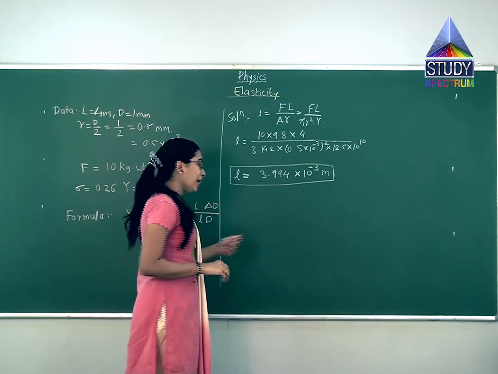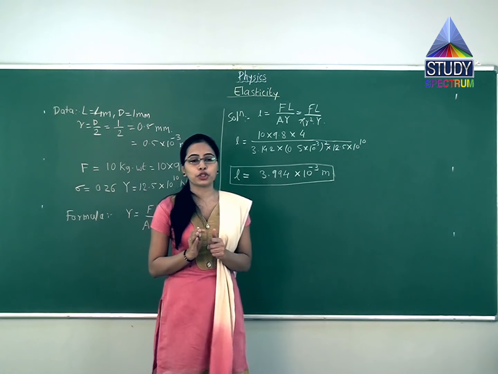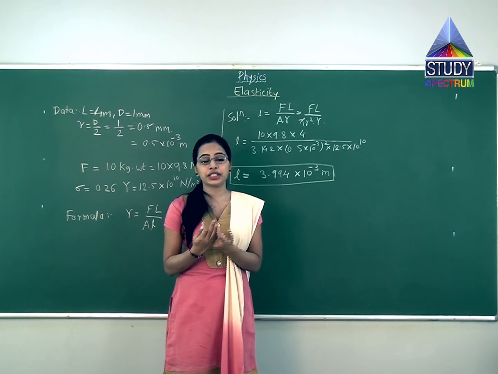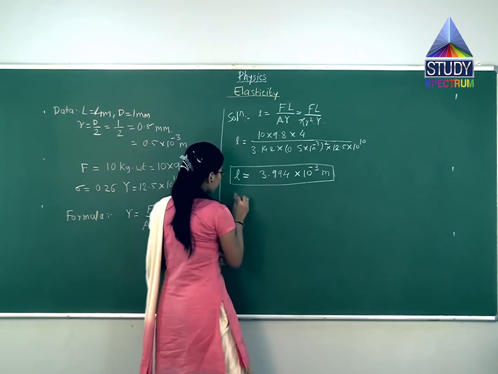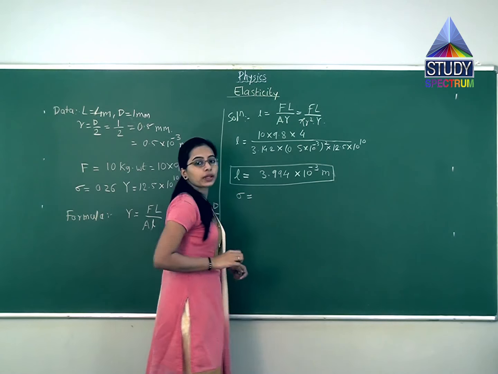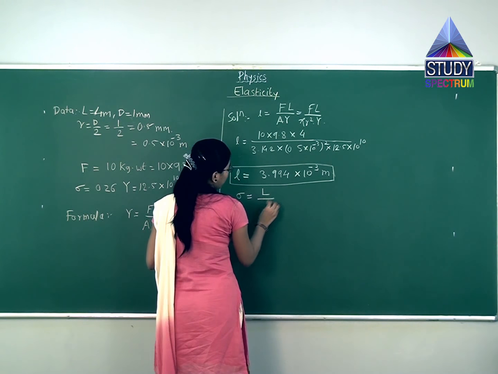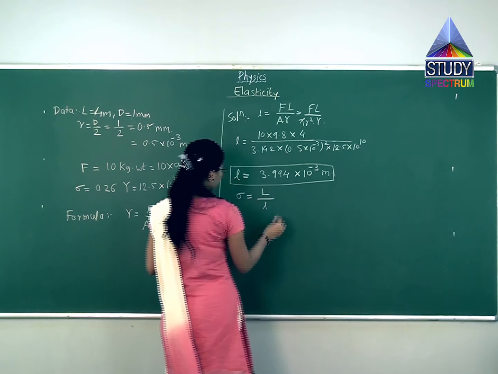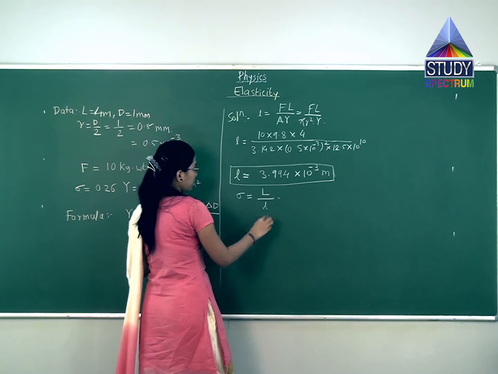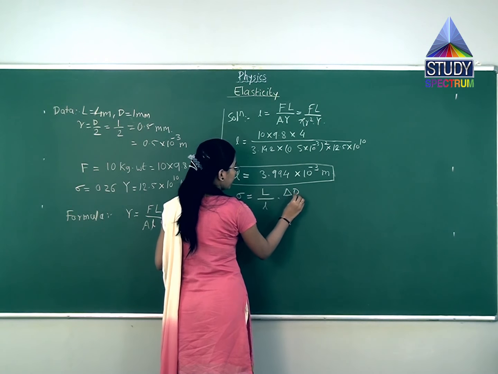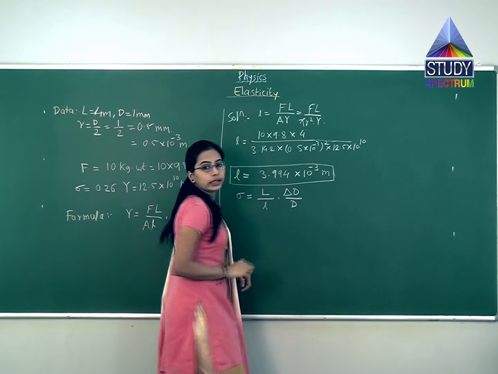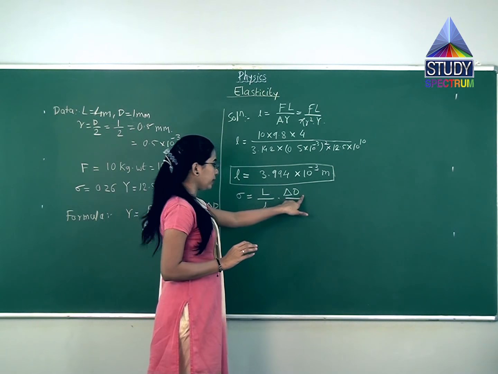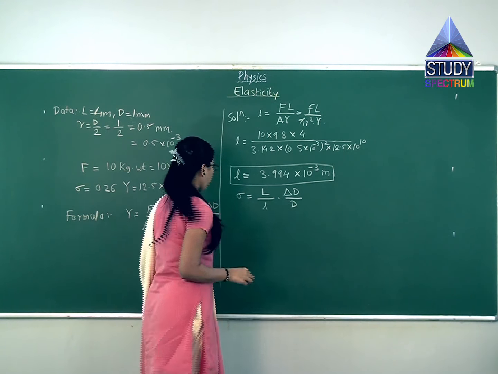Now we have to use the Poisson's ratio formula to find out the change in its diameter. So sigma is equal to, I can rewrite this formula like this, L upon small l into delta D upon D. So here we have to find out delta D. So I will rearrange this formula accordingly.